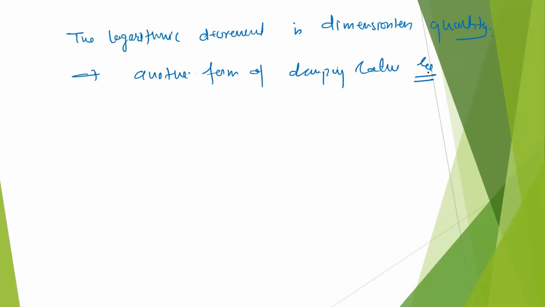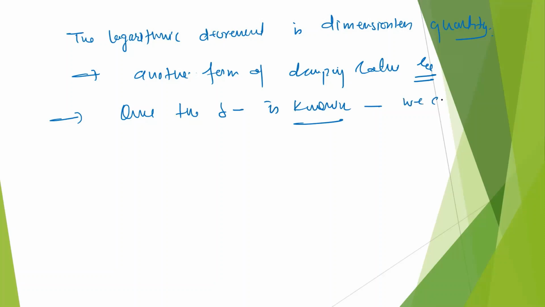We know that zeta is also a dimensionless number, and once delta is known, we can find out zeta.